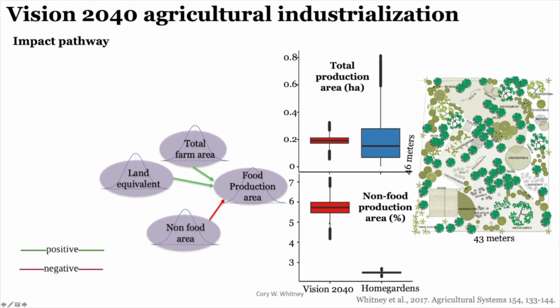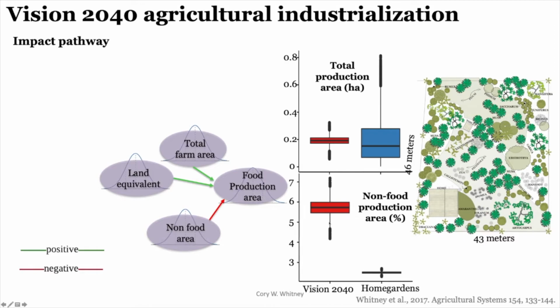And we can see here in the box plots from the Monte Carlo, we ran it 10,000 times, and you can see the distribution of outcomes. This roughly reflects the distributions from the inputs that we put into the model, of course. And we can see here that under Vision 2040, on the top graph of these box plots, the total production area is more.